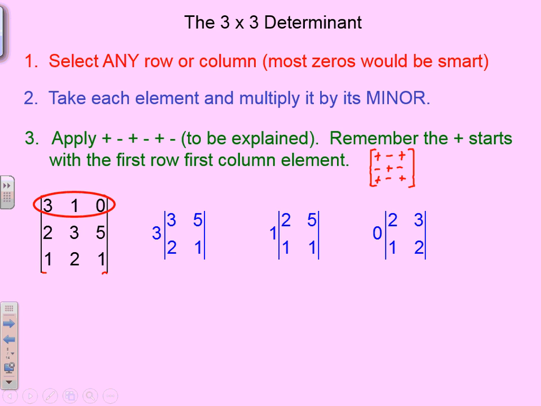So the minor of the 3: if you cross out the row and the column where that 3 is located, what I'm left with is a 3, 5, 2, and 1. And we get the same thing if we cross out the row and the column where the 1 is located, and the row and the column where the 0 is located, and we wind up with those particular numbers: the 2, the 5, the 1, the 1, and then the 2, the 3, the 1, the 2.